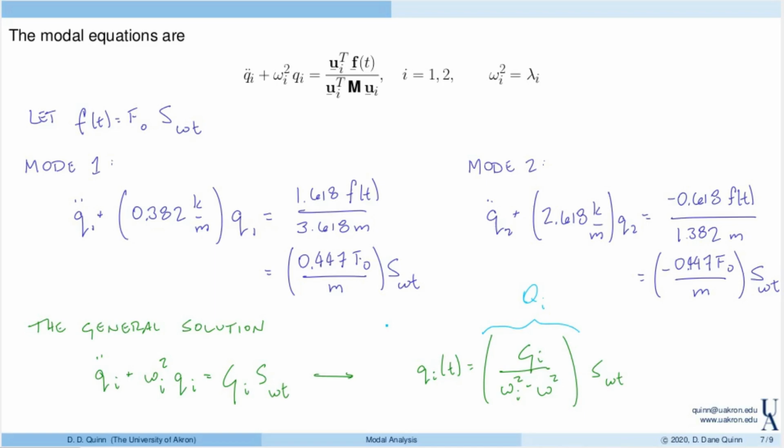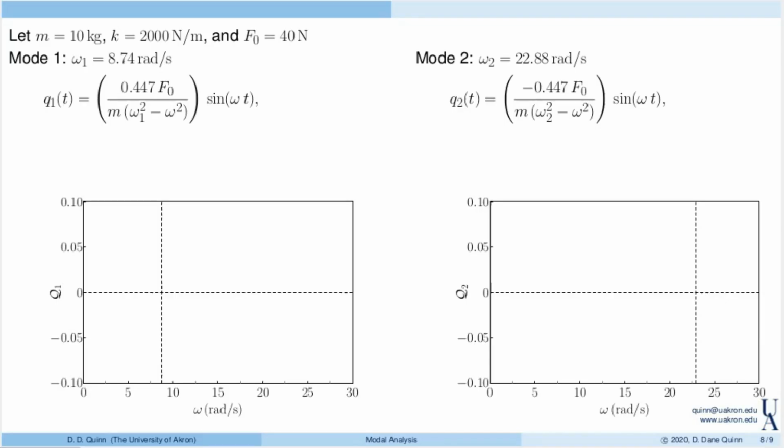We're just looking at the particular solution for these modal equations. So now let's go and see what those would look like. I'm going to choose some values. We'll let m, the mass, be 10 kilograms. We'll let the stiffness be 2,000 newtons per meter, and we'll assume the forcing amplitude is 40 newtons. I just made these up.